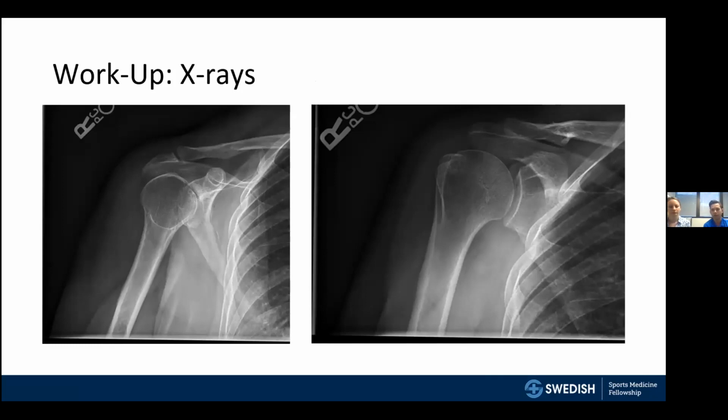But overall, this looks like a pretty good shoulder x-ray. On the right is the Grashey view, which has a great viewpoint of the glenohumeral joint, as you can see in the picture. Again, no evidence of fractures.